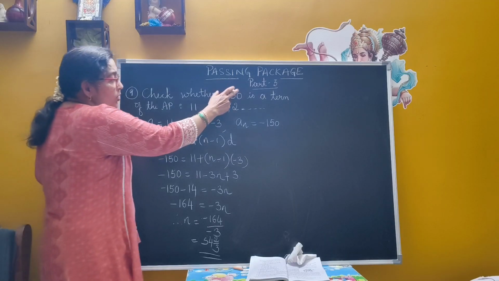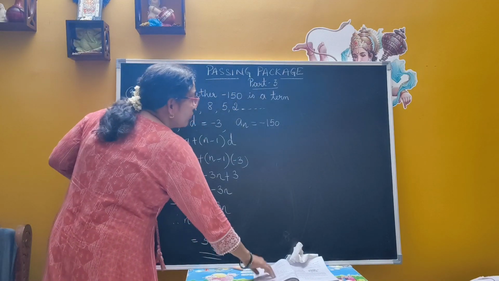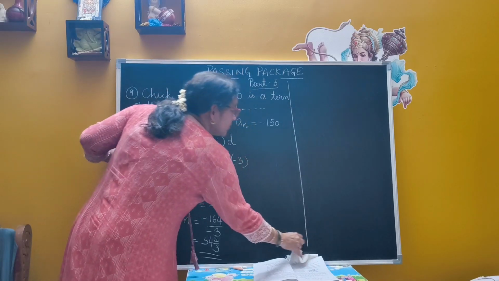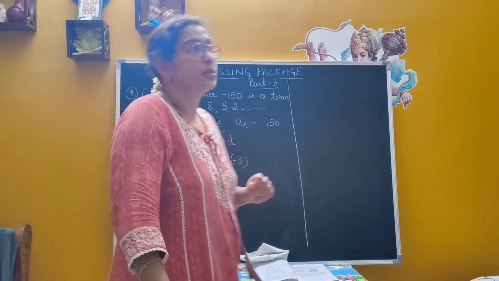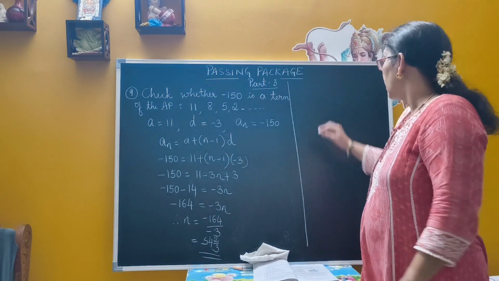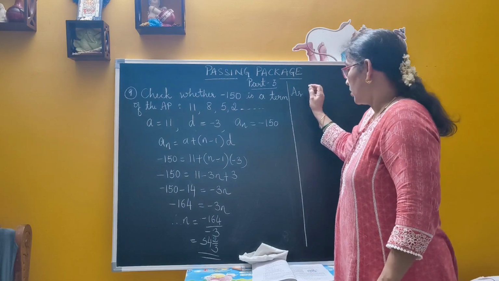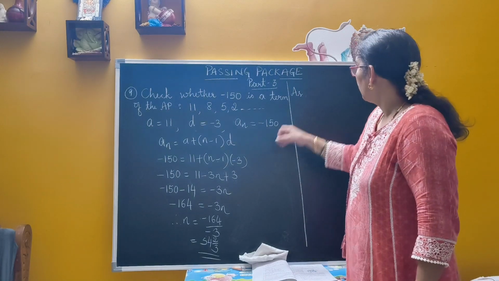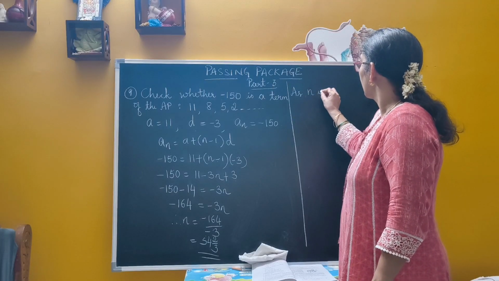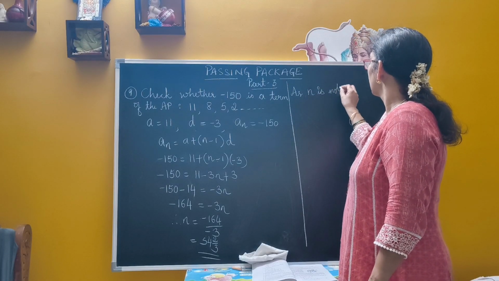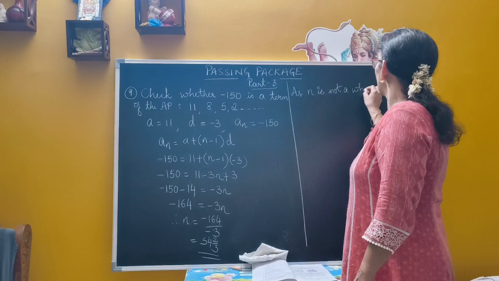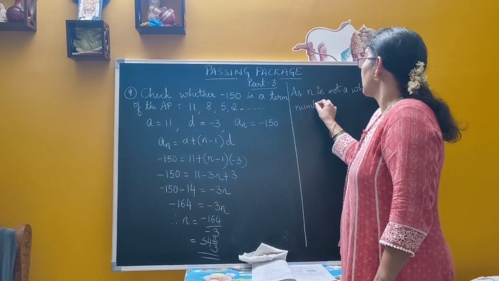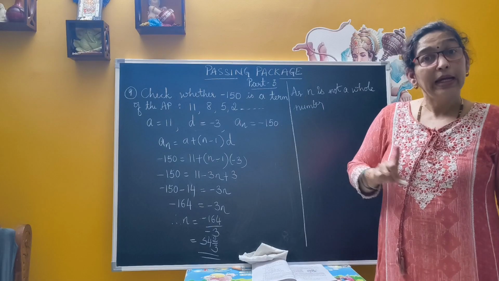Okay. So write conclusion now. Therefore, write conclusion as: n is 54 2 by 3, so n is not a whole number, or you can take it as a positive integer.